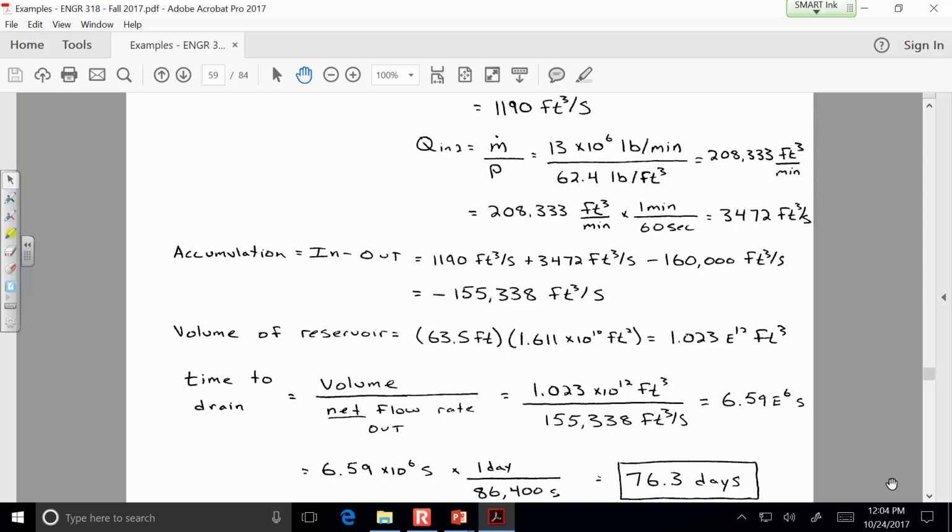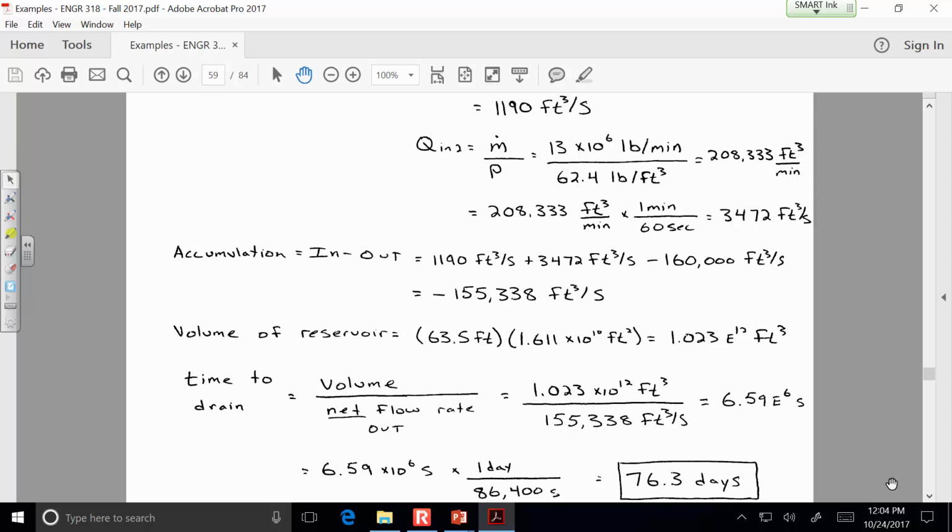And so here, if it's taking 76 days to fall a distance that is, what's the depth? 63.5 feet. So it's going down less than a foot per day. That's the speed that it's falling downward. We could calculate the velocity that the water surface is declining.